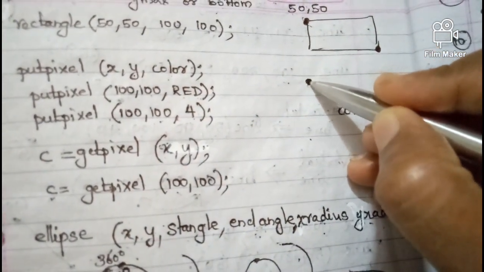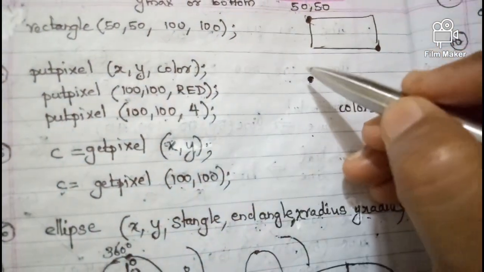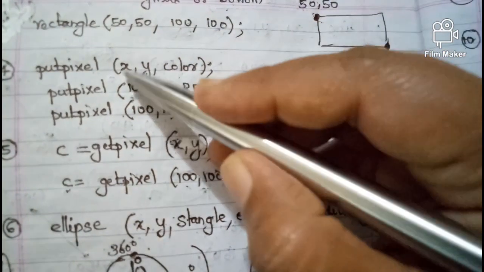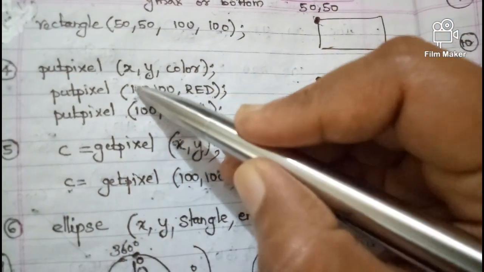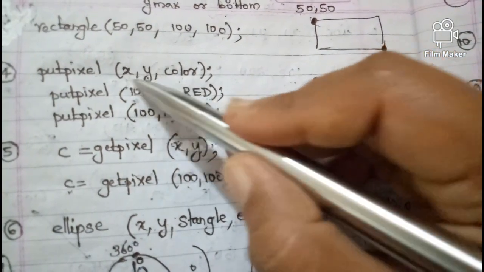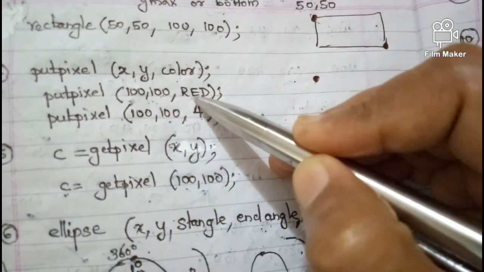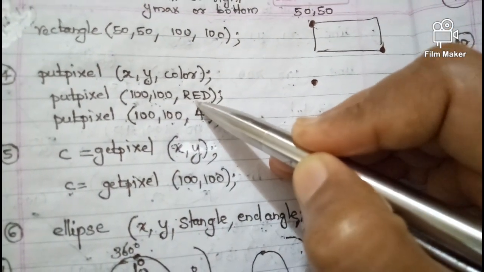Using these two arguments, you are specifying where on the screen this pixel is to be plotted. So x corresponds to column number, y corresponds to row number. Together they give you the position where the pixel is to be plotted. And the third argument specifies the color using which you are going to plot the pixel.